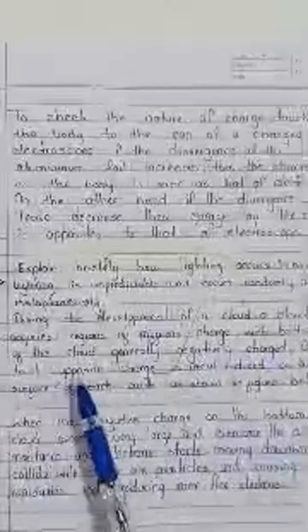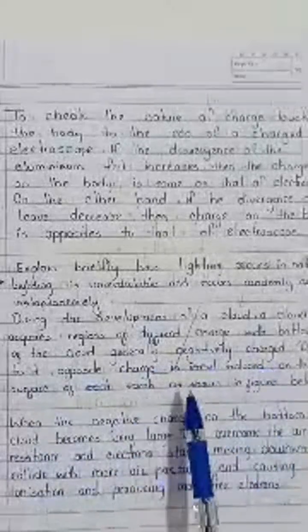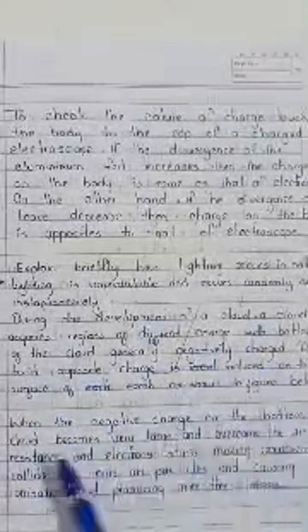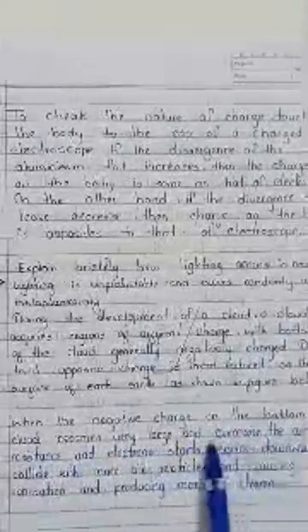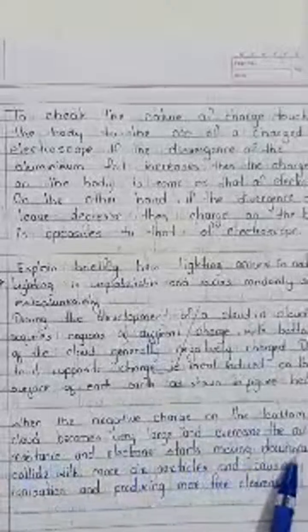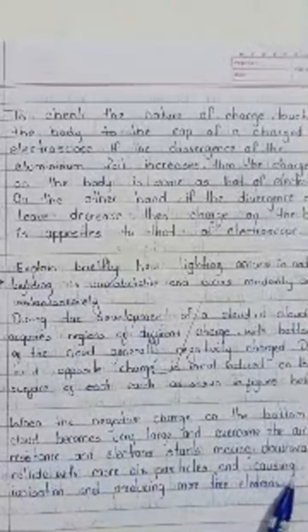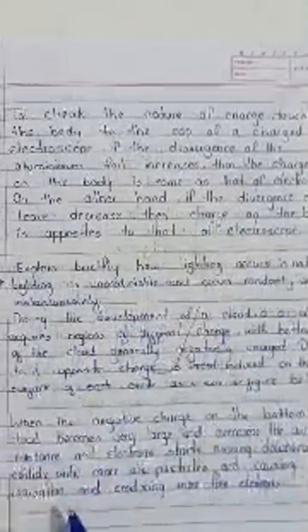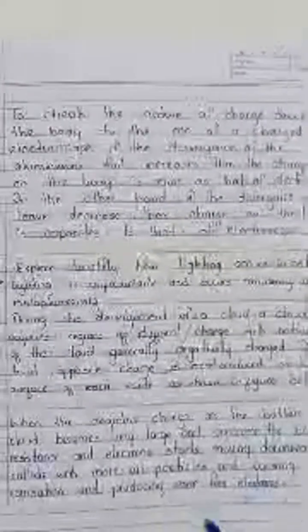Due to it, opposite charge is induced on the surface of the earth as shown in the figure below. When the negative charge on the bottom of the cloud becomes very large and overcomes the air resistance, electrons start moving downwards, colliding with more air particles, causing ionization and producing more free electrons.